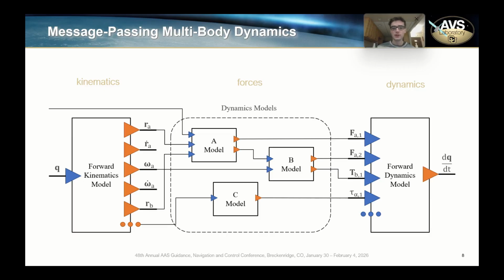So the dynamics engine computes the position of the center of mass and passes it to a model, which does some calculation and eventually produces a force to act on the spacecraft. Then the dynamics model takes that and produces the rate of change of the spacecraft states so that we can integrate the states in time.